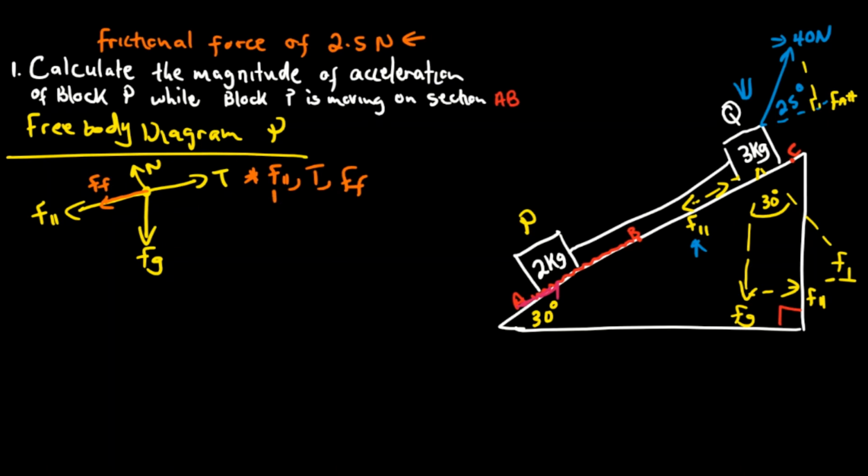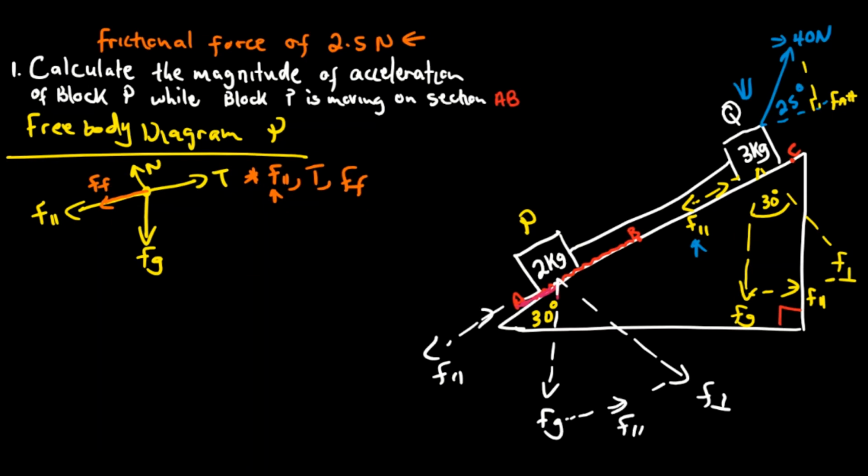Let's first find the F parallel, right? So we know very well that this is the force of gravity, and then we're going to have the F perpendicular, and then this will be our F parallel, which you can also draw here. So this will be parallel to this one, meaning that this is F parallel.